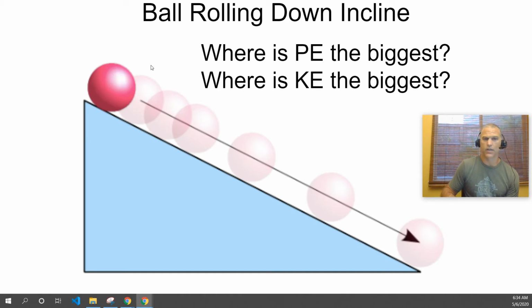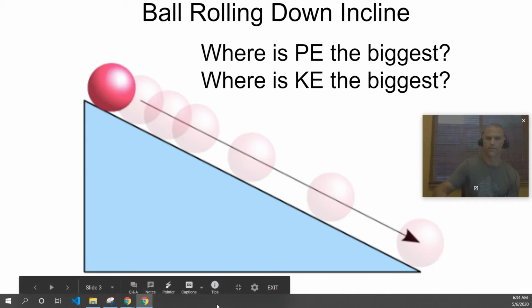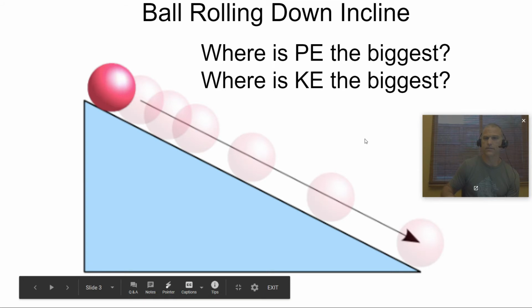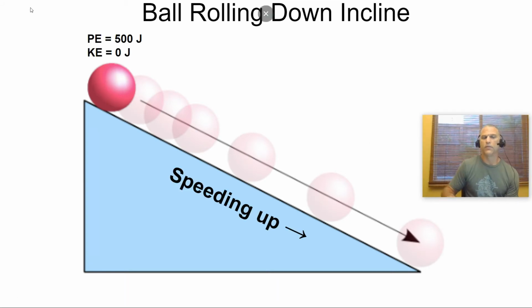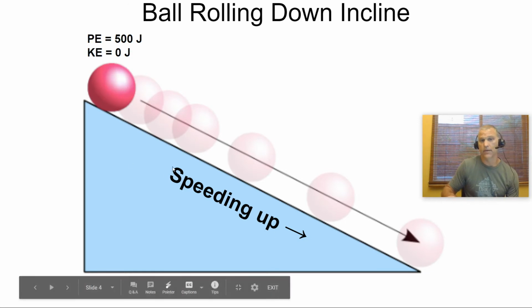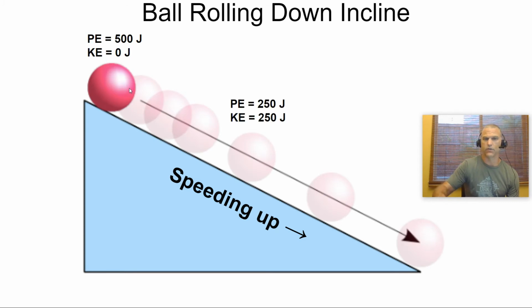As we watch this on the next slide, we can make up a number, and you're going to see that initially at the top, if it starts from rest and then it rolls down, it starts with all potential energy. And then as it rolls down, it's going to speed up and it's going to lose potential energy and gain kinetic. So halfway down, it's going to be 50-50, 250 joules and 250 joules in this case.